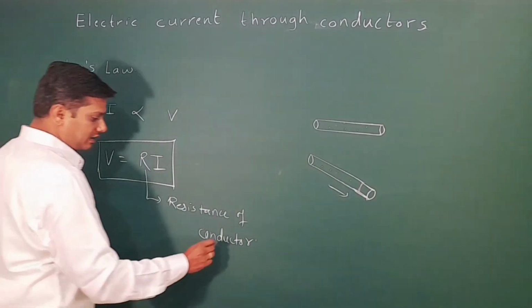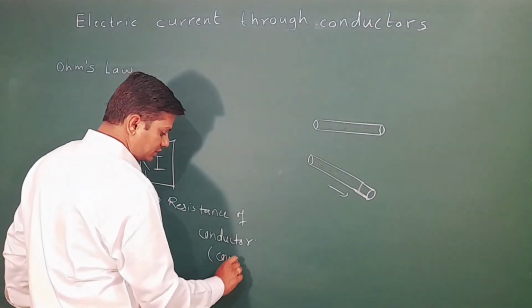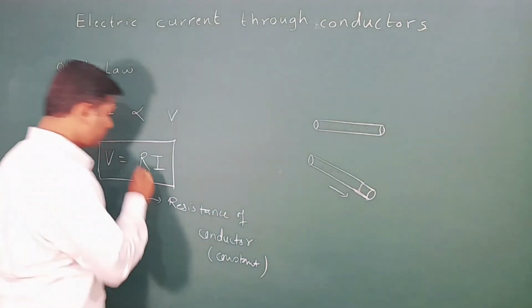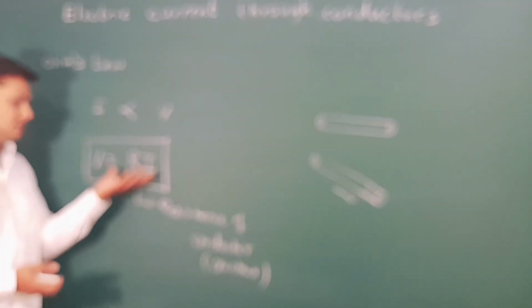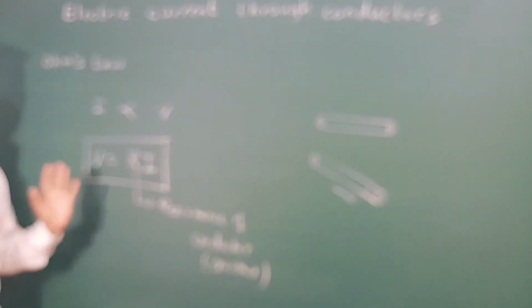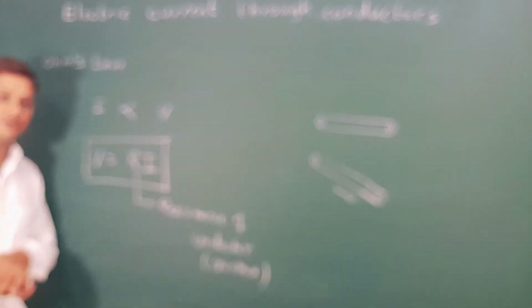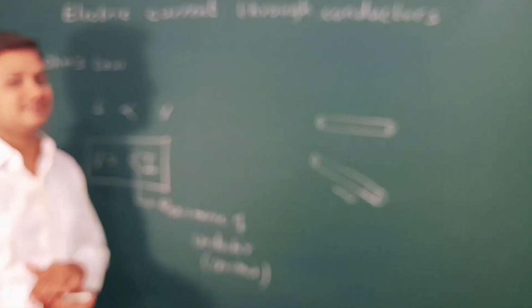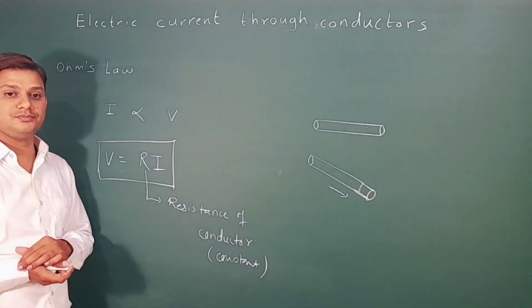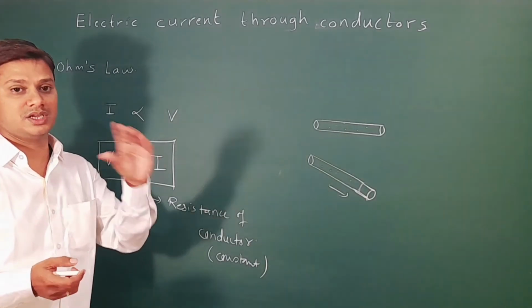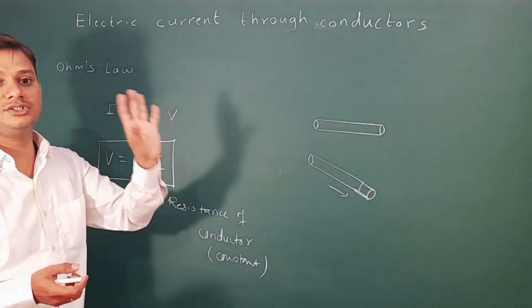Now for this law there is one condition. Since this resistance is constant, to keep the resistance constant we need to keep constant everything which can affect resistance. We all know what things affect the resistance of a conductor. Yes: its length, area of cross section, temperature. These are the physical state of a conductor, its dimensions.